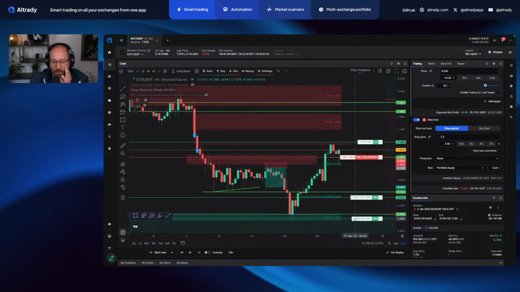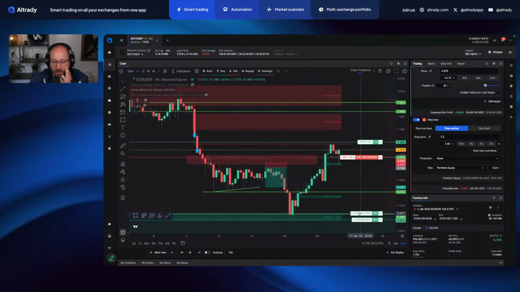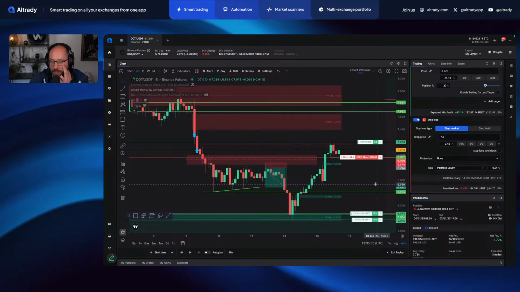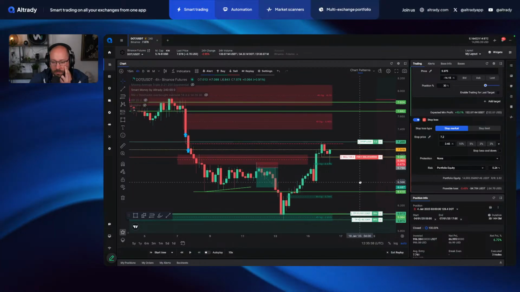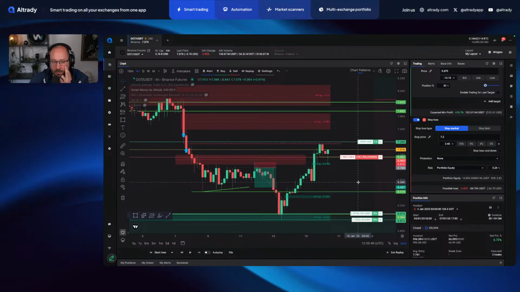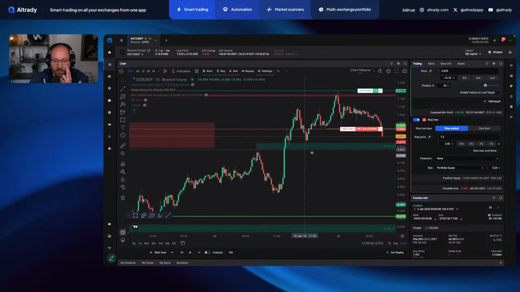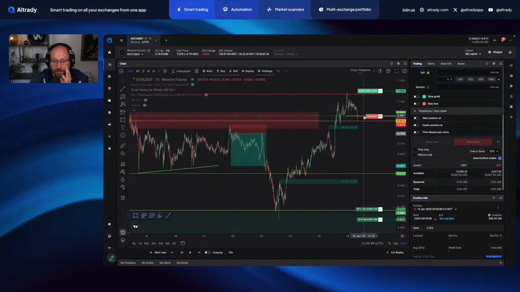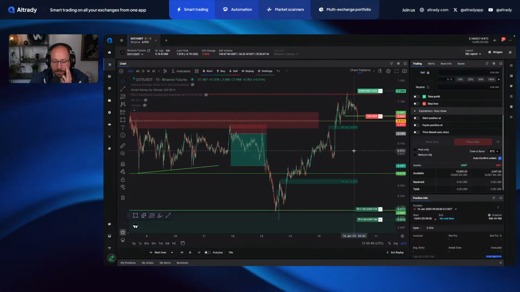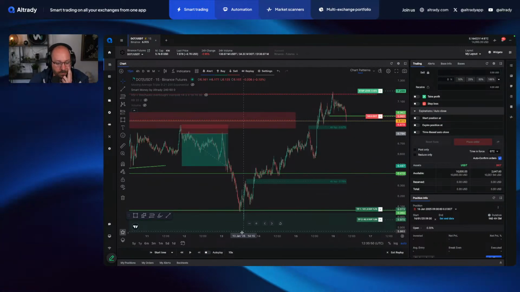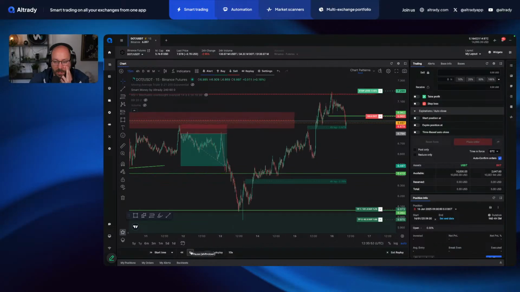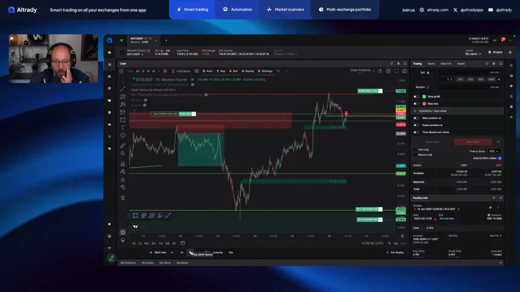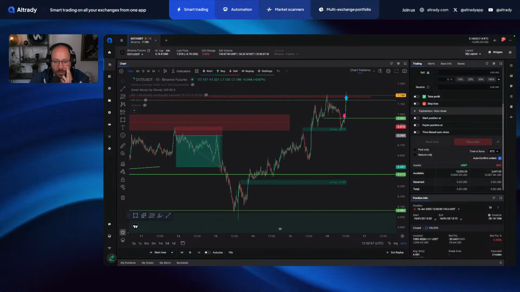You'd have to aim for this one to get 3.8. Yeah, that's quite far, but let's see if it works. From what your mentor said, it was like you try it until it fails, right? Yeah. So let's see if we first get the entry. We do. And then we get stopped.